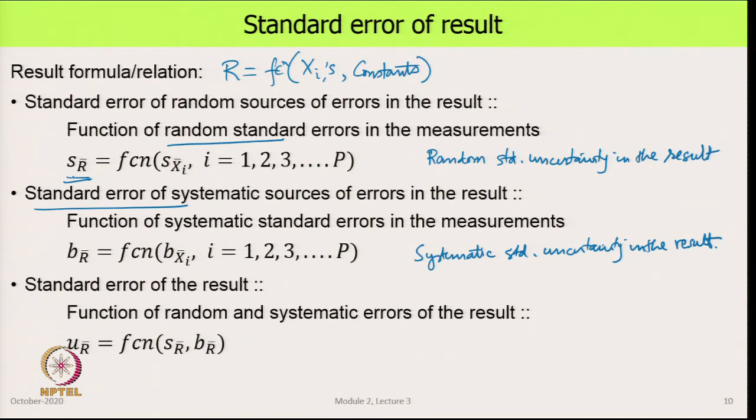So, these two get calculated, and then when we combine them, we get the standard error, the standard uncertainty in the result, which is a function of random and systematic uncertainties of the result, and this is the standard uncertainty of the result.